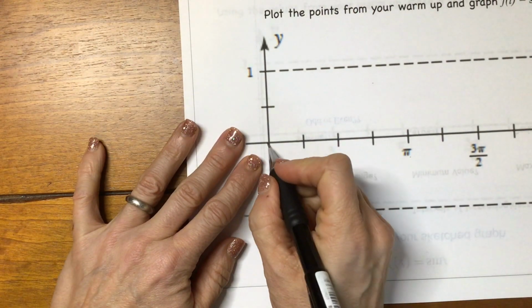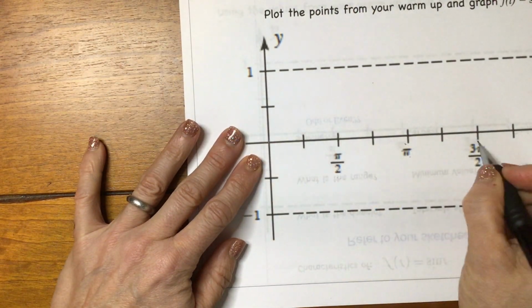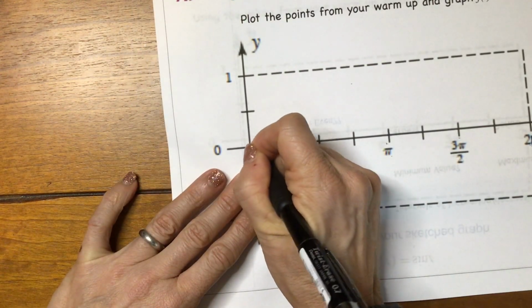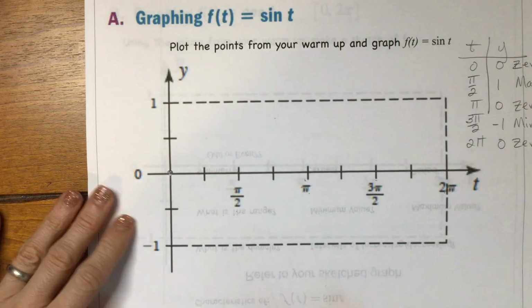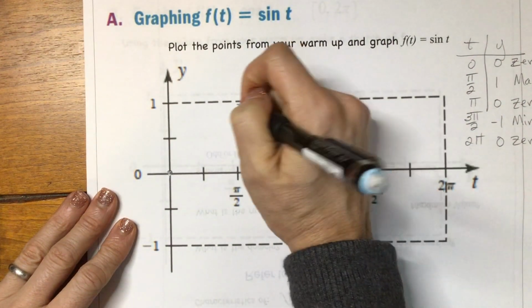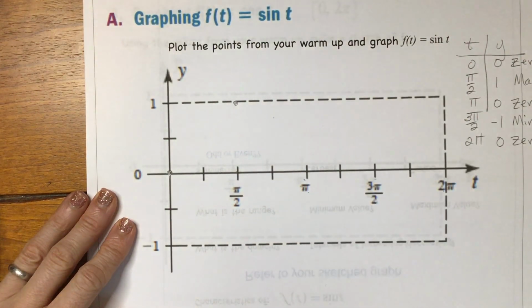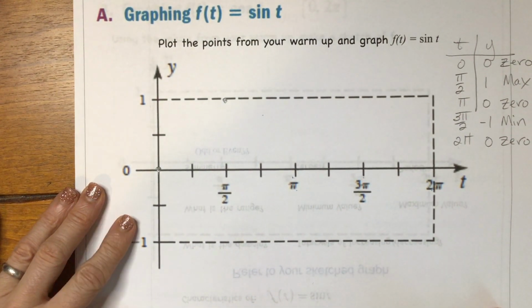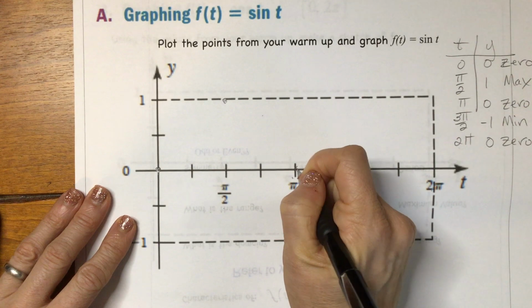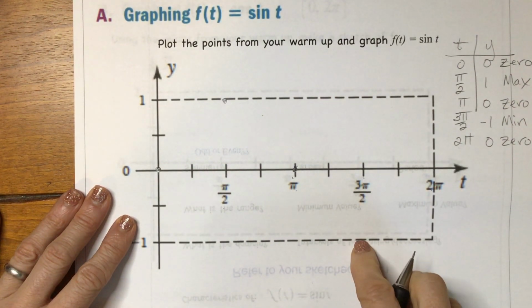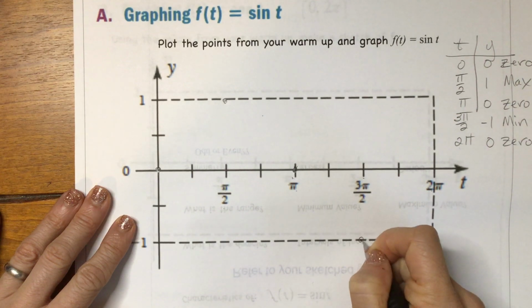So graphing basic sine using our 4 main areas that I have labeled here, we're going to start and put a point at 0, 0. Then at pi over 2, we go up to our max value, which is 1, because this is our parent function. It hasn't been stretched or compressed. At pi, we go back down to 0. At 3 pi over 2, we go down to our minimum.